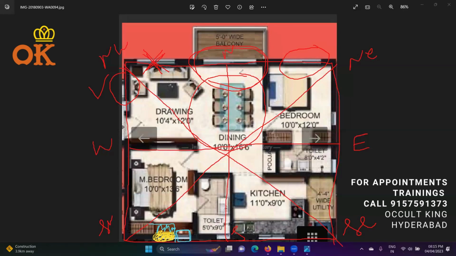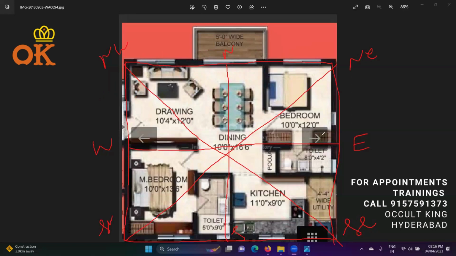So that's all in this video. So this is how we have to do the basic analysis of the property. This is how we need to understand what is there in this property, what should be considered, what should be avoided, what are the major things we should focus on, what are the things we should eliminate, or what are the things we can do remedies for.